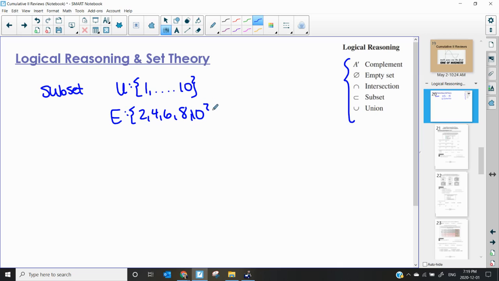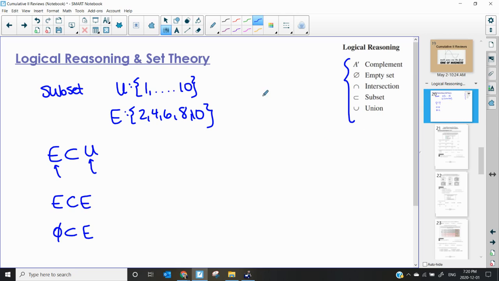That would be a subset of the universal set because everything in set E fits into set U. So in order to say that something is a subset of something else, we have to know that everything in set E fits in set U. All right, so to be a subset, everything in the initial set has to fit into the bigger set. And remember that E can be a subset of itself, and the empty set is the subset of everything.